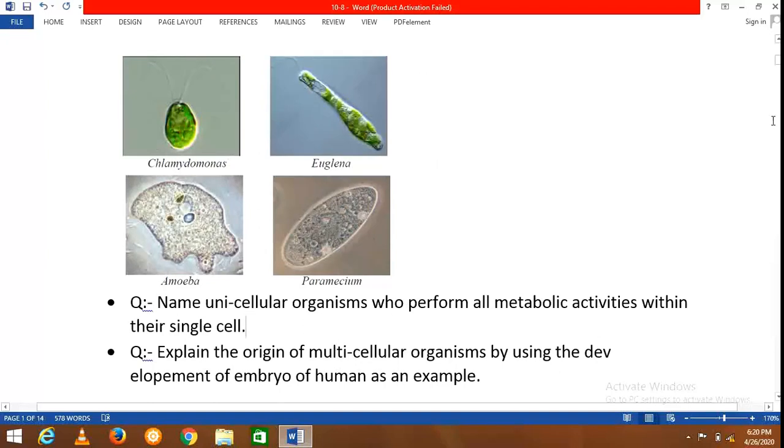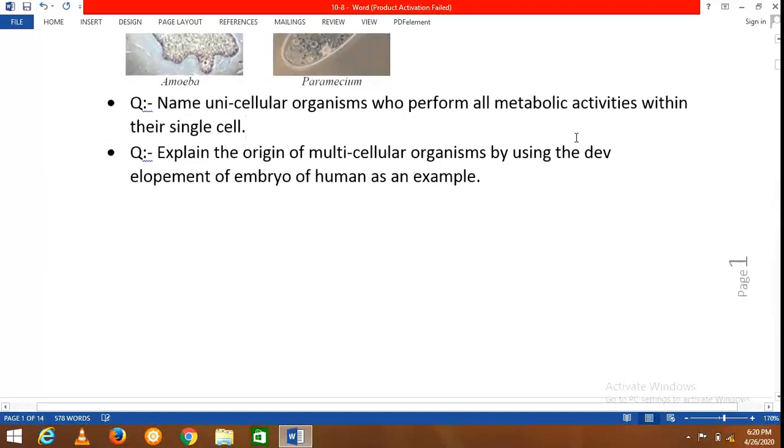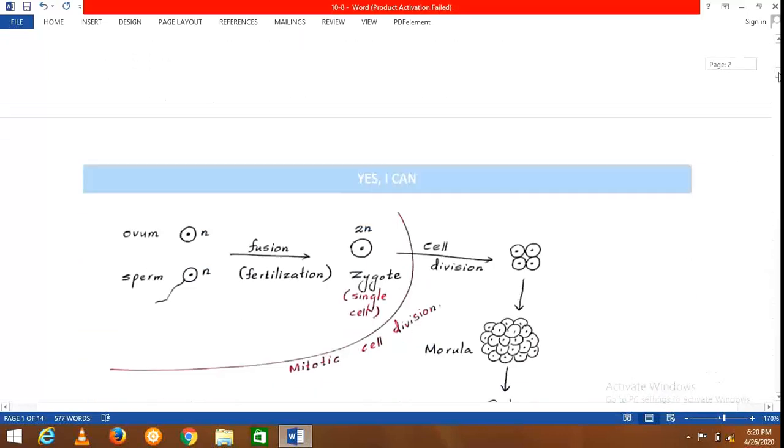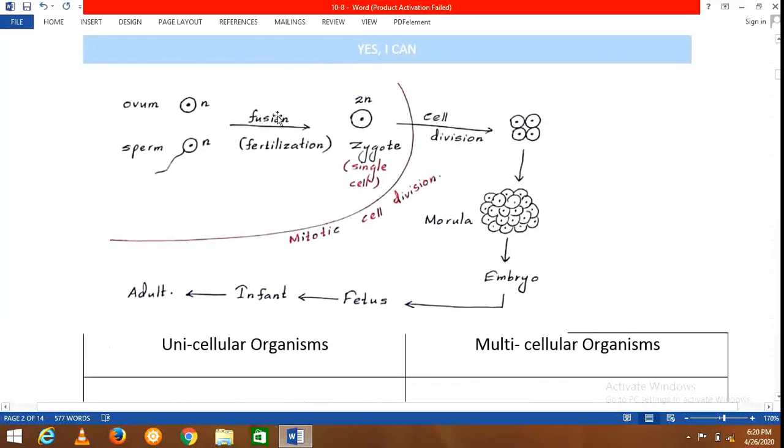Then we'll move on to multicellular organisms. First we'll learn how the origin of multicellular organisms takes place. So we'll take the example of development of the human embryo. Here you can see the human gametes.